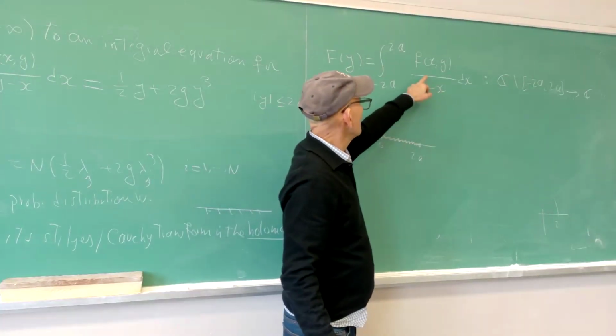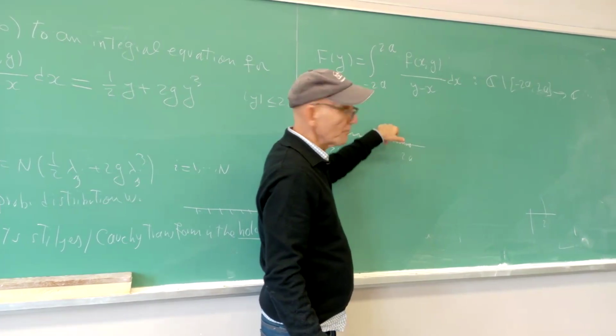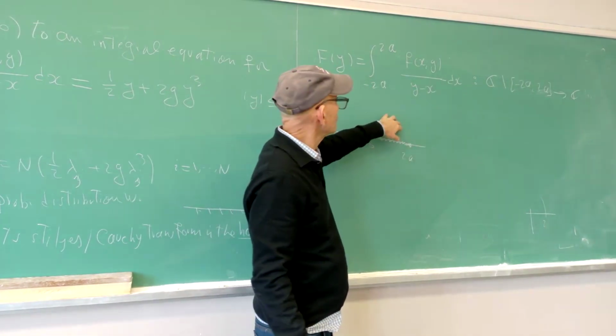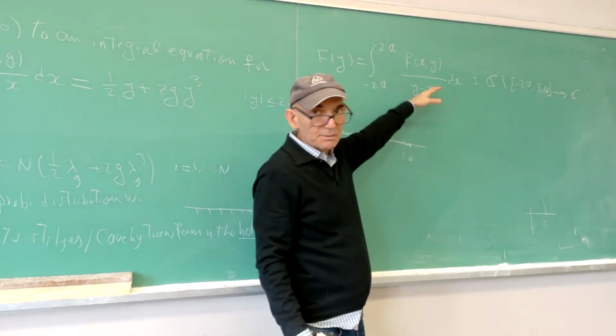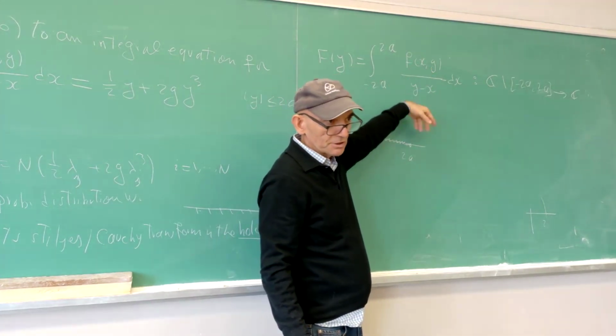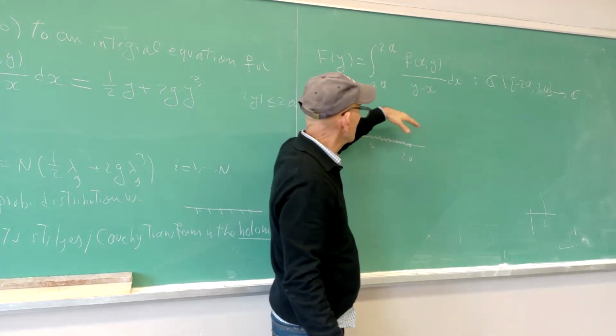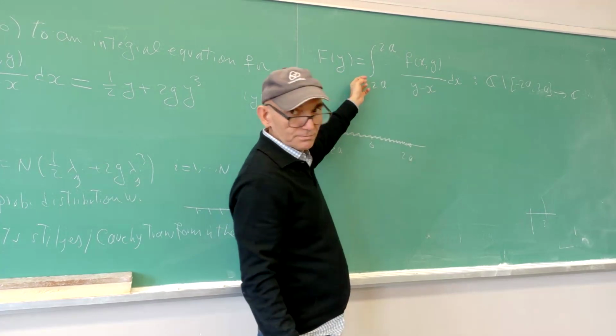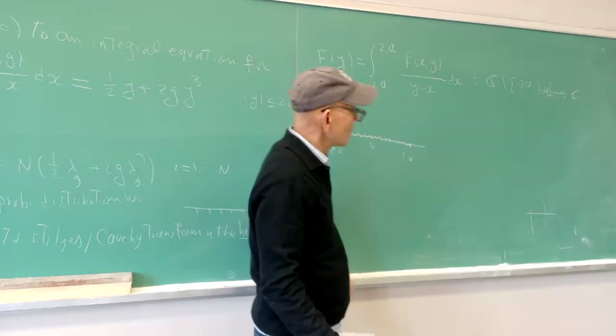Because the function 1 over y minus x is holomorphic in here, because this is just the inverse function, and we are summing and taking limits of holomorphic functions, and everything is absolutely convergent. It's very nice, because this is compact support, then this is a holomorphic function, which is defined here.